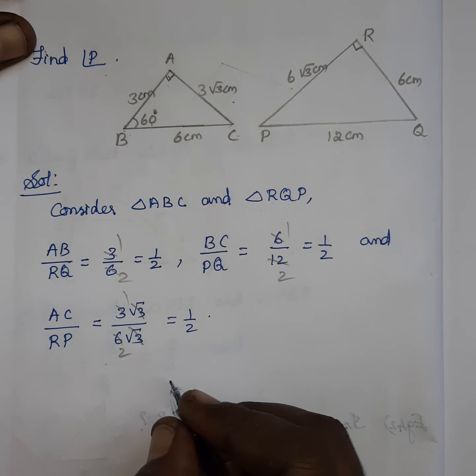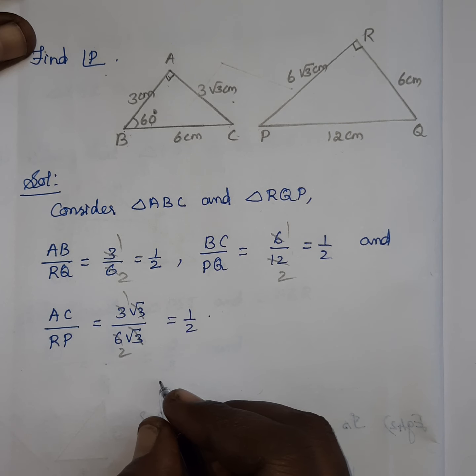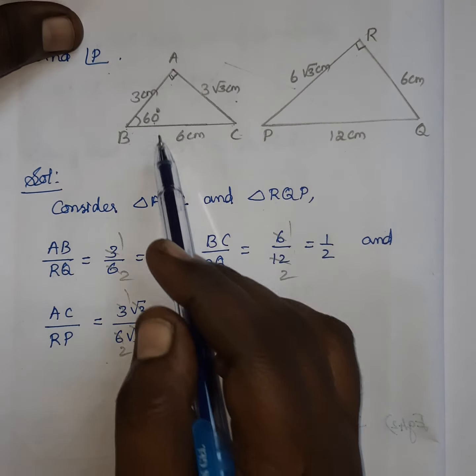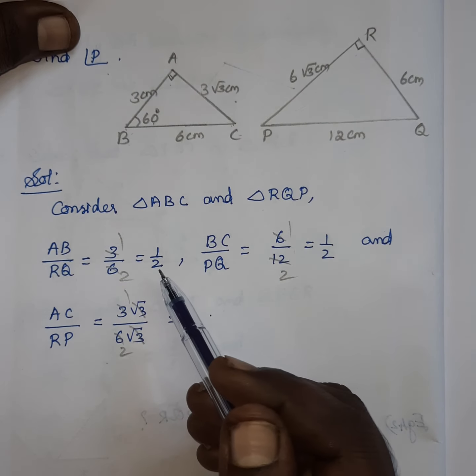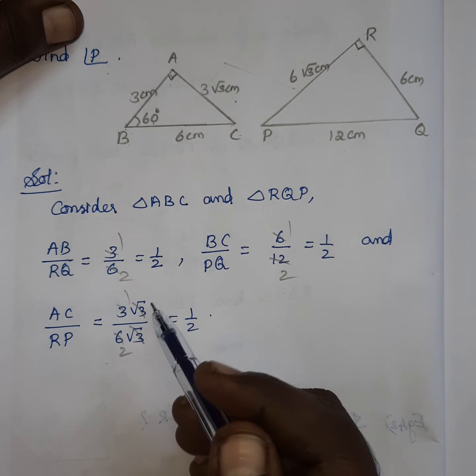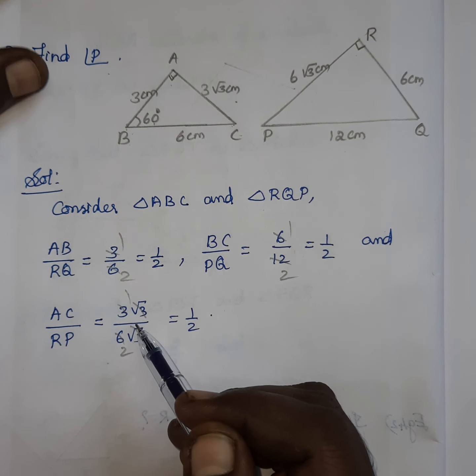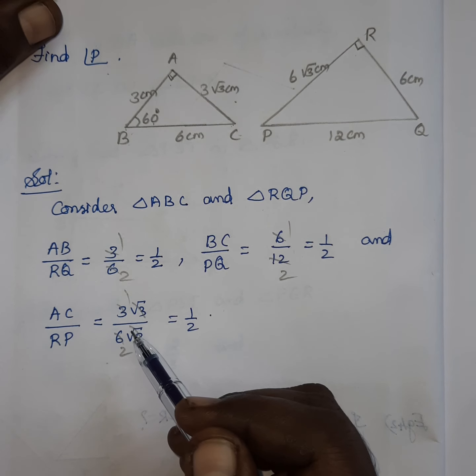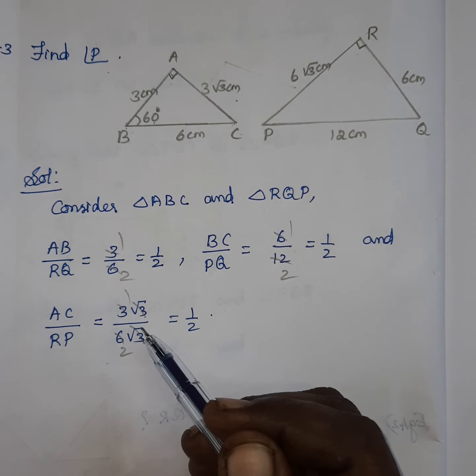Okay, so all the corresponding sides ratios are equal, that means corresponding sides are proportional. Now we are considering three sides, so we can say using the SSS criterion for similarity, the triangles are similar.